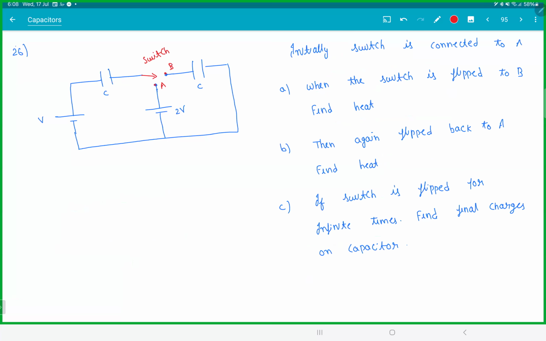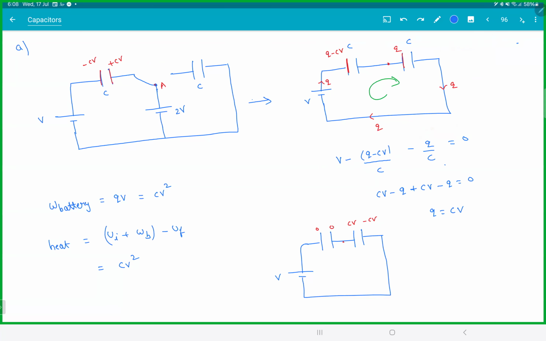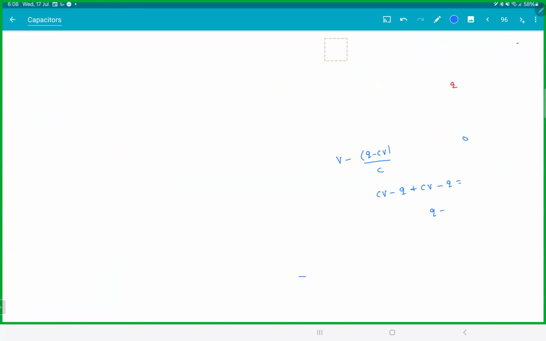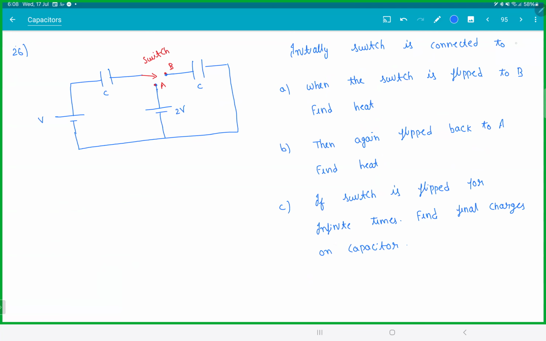I'll do one thing, wait. Let's change the question. This thing became too easy actually. I'm not happy with this. Initially the switch is connected to B. Then you flip the switch to A. Then you flip the switch back to B. This is better. Let's try this. I changed the question.